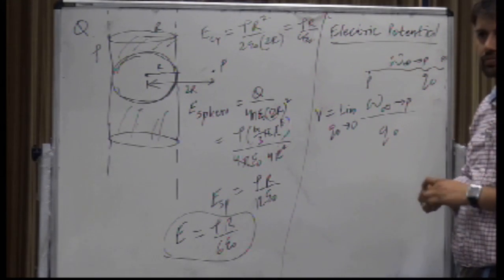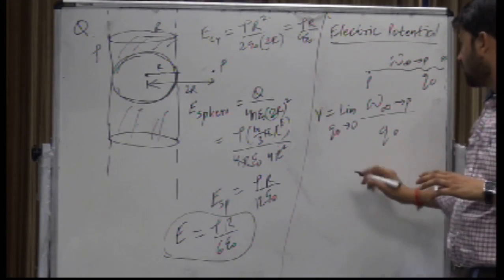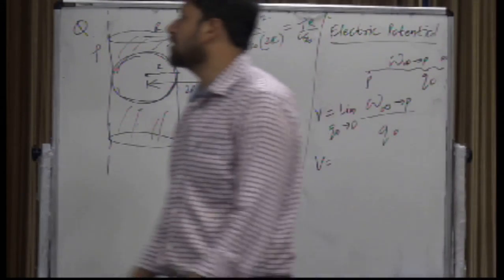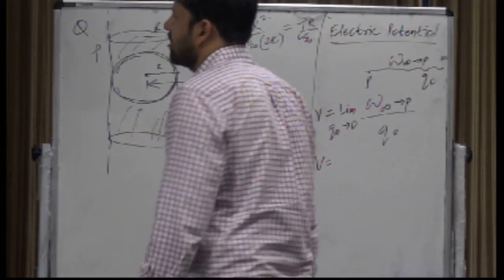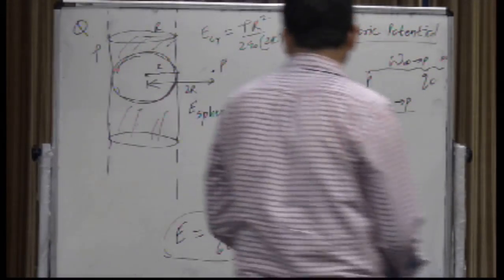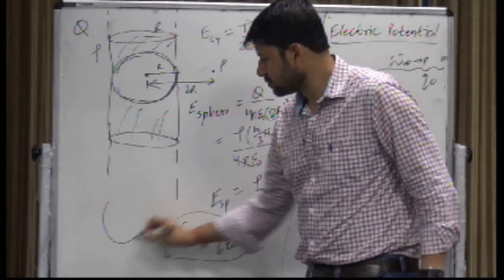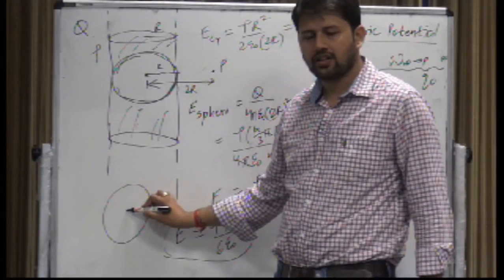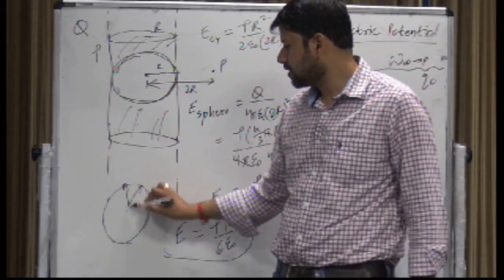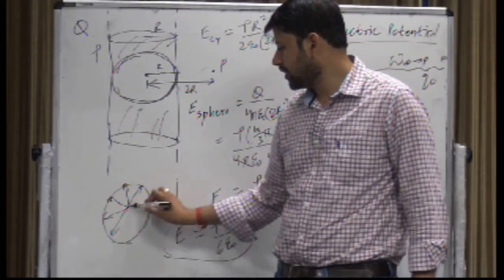For different sources I would tell you the potential. You already know one more thing. What do we mean by spherical symmetry and cylindrical symmetry? Spherical symmetry: in a sphere, all points on it are equidistant from the center in all directions.